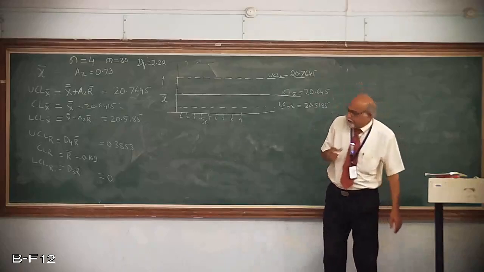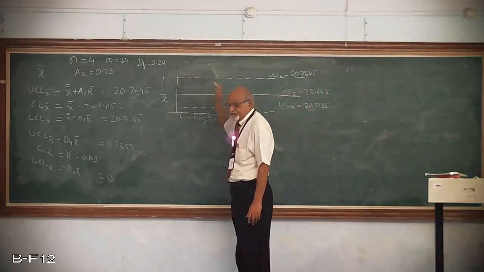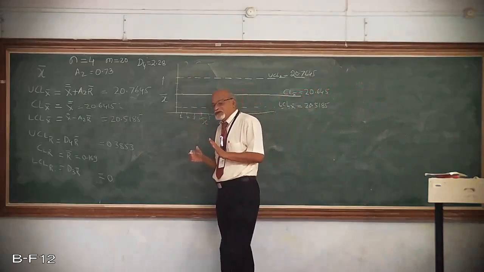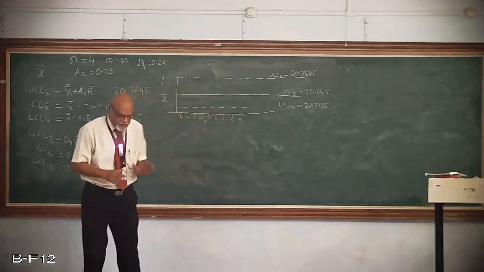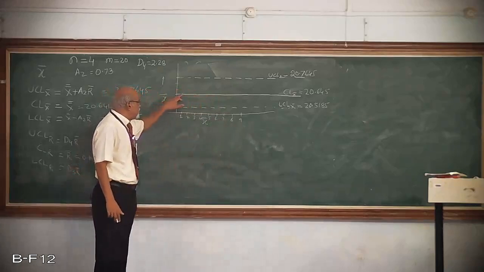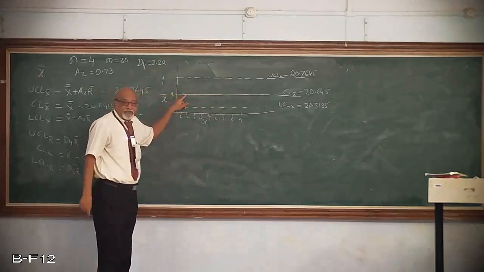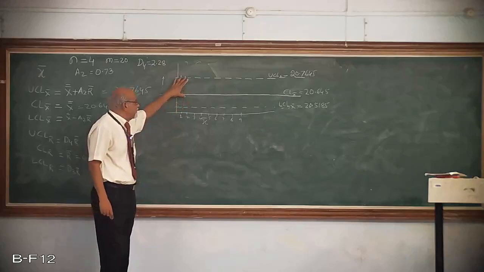If they are falling within the upper and lower control limits, then we say that the process is under control and it has got natural variation. Ideally they should not have variation, it should be exactly on X double bar, but it has got certain variation. That is the allowed variation that is happening.